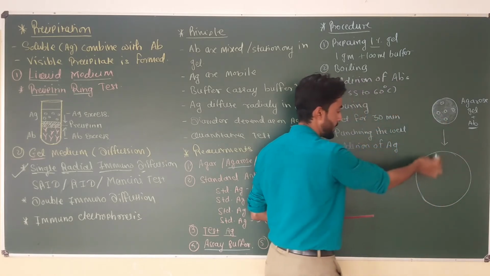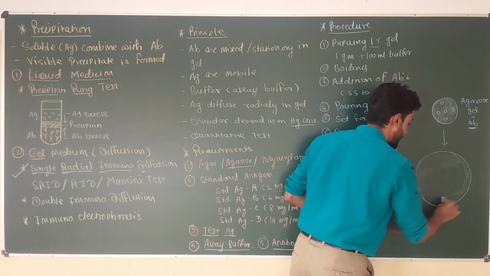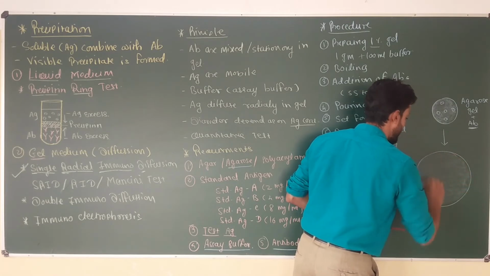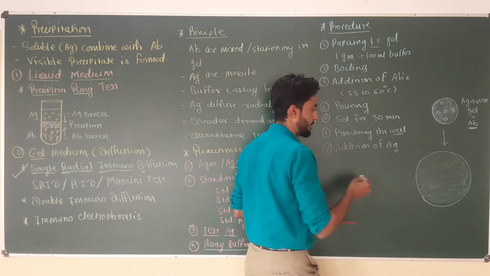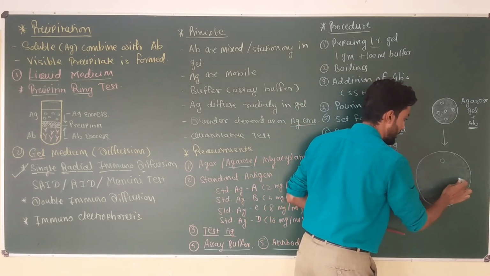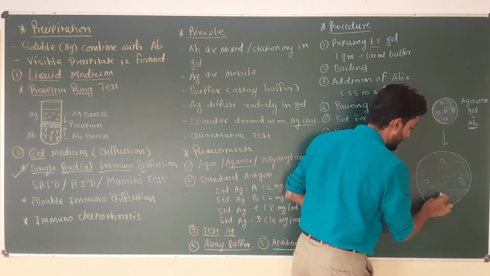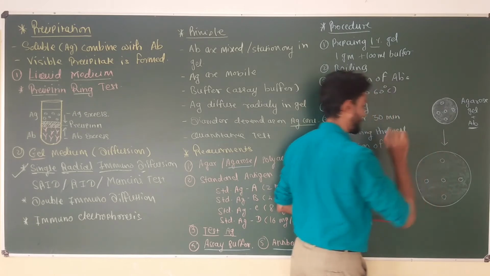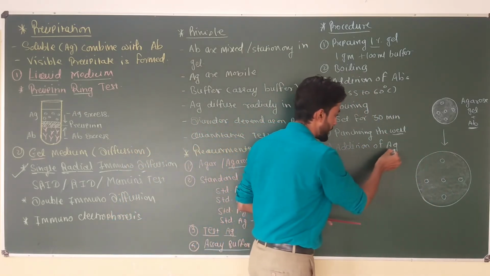For example, this is the Petri plate which contains agarose gel with antibody, and in this Petri plate I have made the wells with the help of a well puncture. For example, this is well number 1, well number 2, well number 3 and well number 4. I have also made another well at the center.